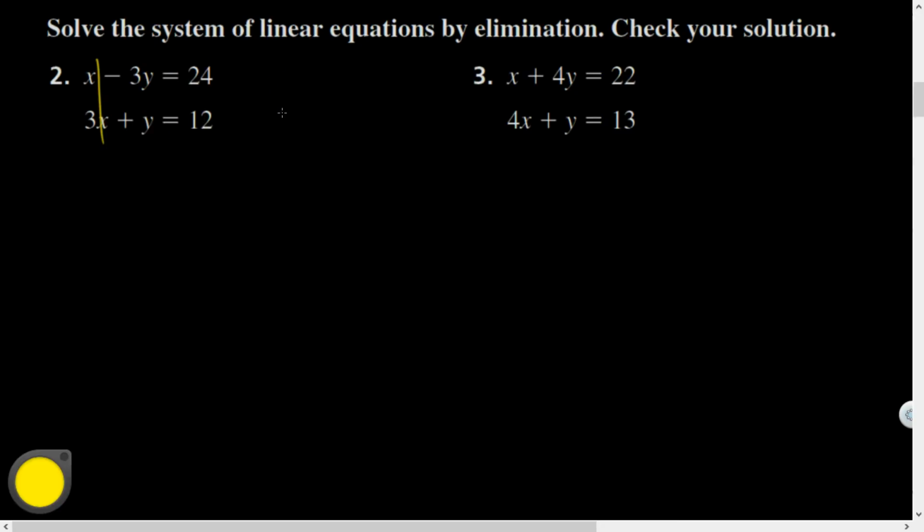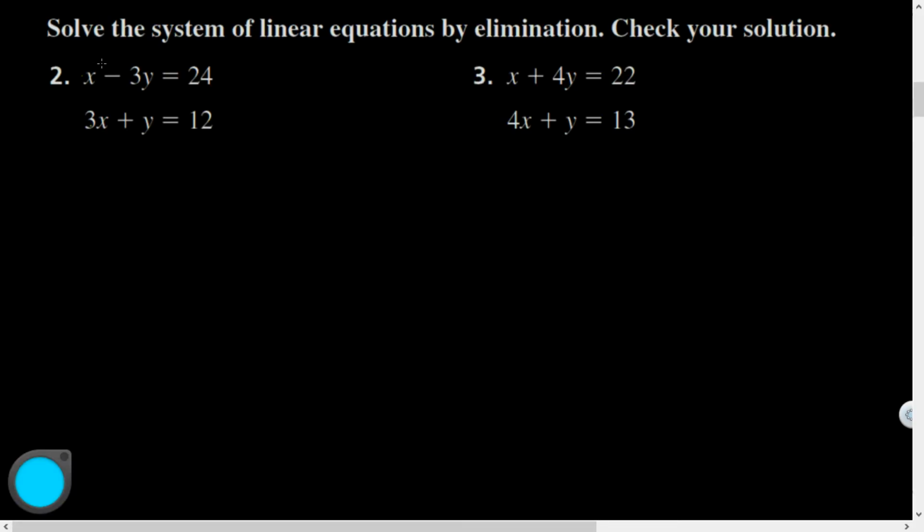And do any of them have opposite coefficients right now? Well, the x and the 3x, I would need this to be like a negative 3, so that doesn't work out. And these have opposite signs, but their coefficients aren't. That's 3, and this is 1. I would need this to be a 3. So let's analyze this.